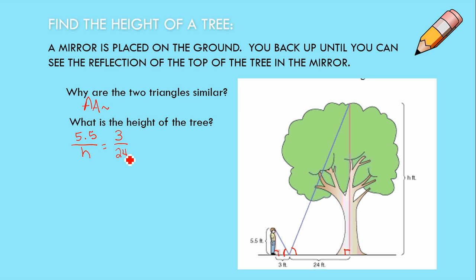And then we would cross multiply this. 3 times h would be 3h. 24 times 5.5 is 132, and we'll divide by 3, and we find that the height is 44 feet. Okay, so we can use similar triangles to find things that we cannot directly measure.